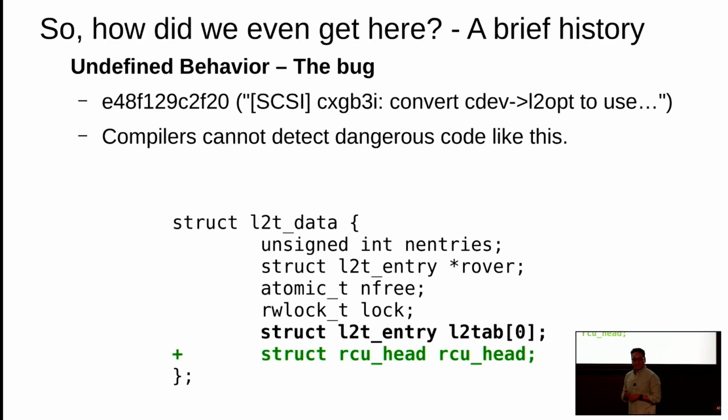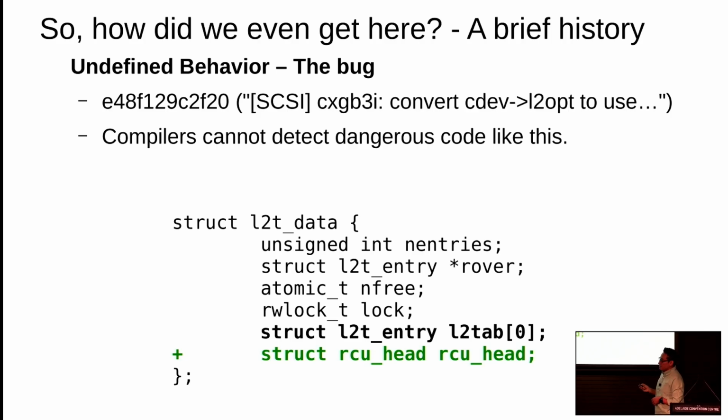This started actually when I ran into this issue back in 2019. I was doing other hardening stuff, and by mere chance, I ran into this problem. It caught my attention because what we have here is a zero-length array in the middle of a structure, and this commit introduced a new member after the zero-length array.